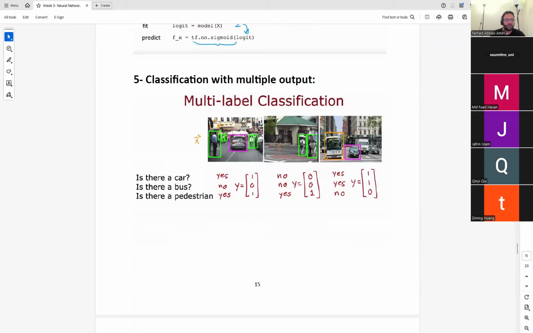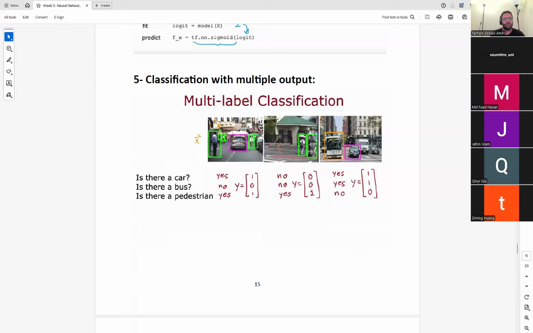If you take the first image, is there a car? Yes, there is a car. Is there a bus? No. Is there a pedestrian? Yes. So yes, no, yes. The second one, is there a car? No. Is there a bus?